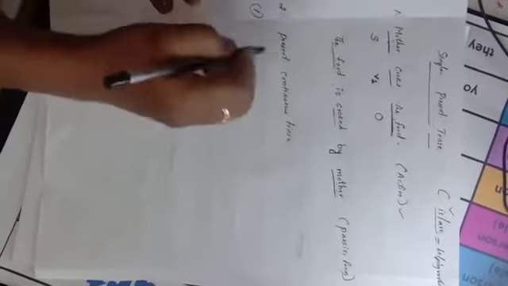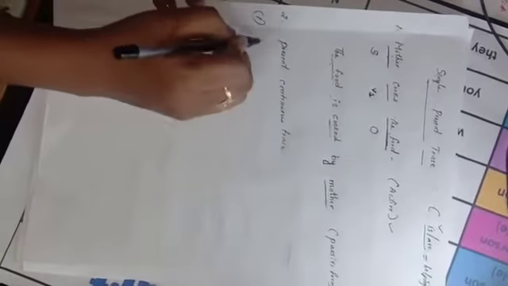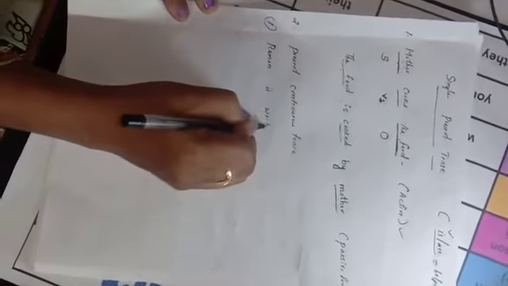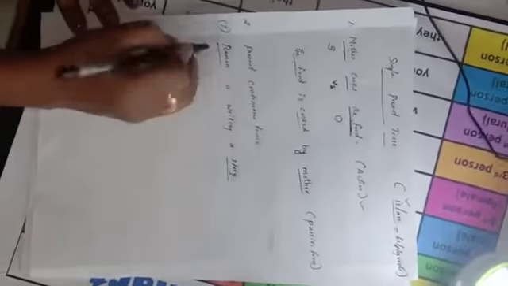Okay, I'm going to write one example. Rama is writing a story. So we are going to separate this. Rama is the subject, story. What is he writing?